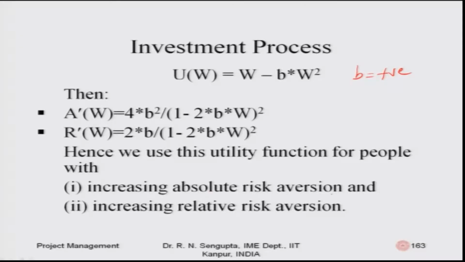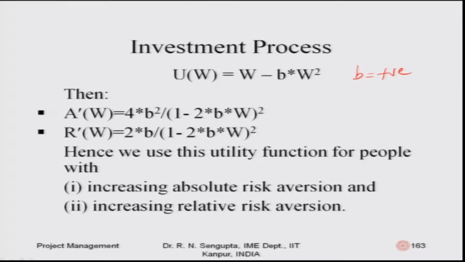If I go to the r prime, the value is given by 2b divided by the same denominator which was there in a prime. The denominator is positive, and the sign of this 2b would definitely depend on the value of b. So, if b is positive, 2b is also positive. So, again we see it as an increasing relative risk aversion property.